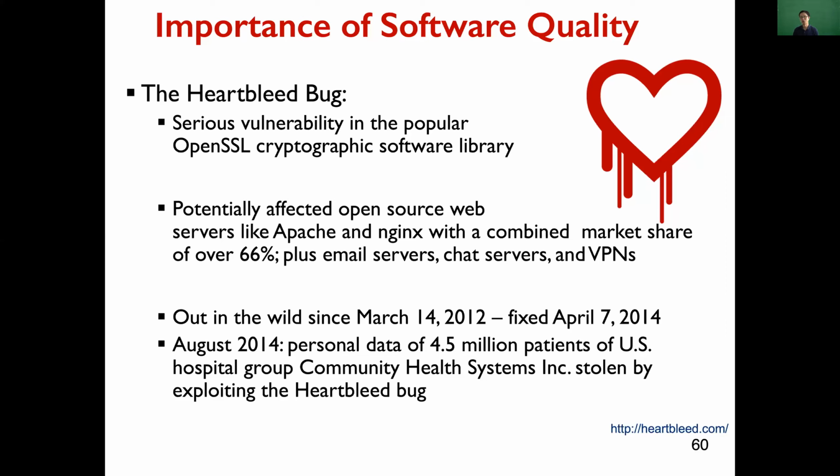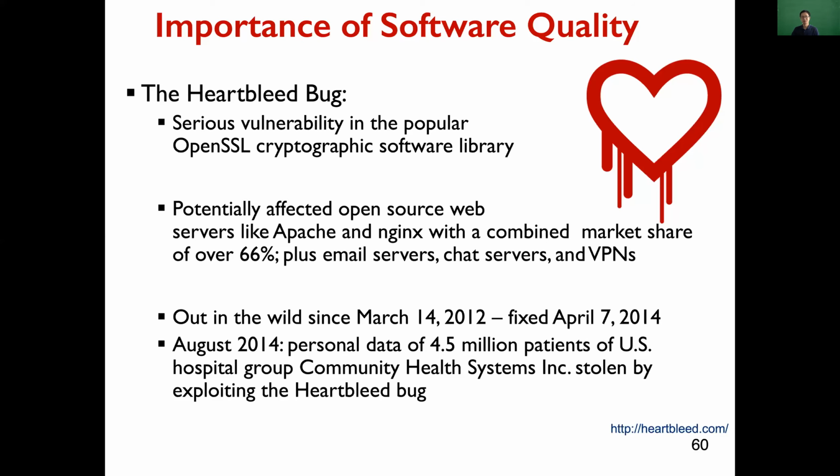This bug was introduced in 2012, but only fixed in 2014. So it's a very famous bug and it caused very bad consequences to the economy and also to the privacy of people. So these are some examples of software failures. There are many more.